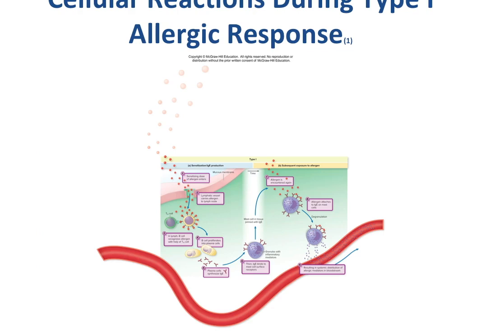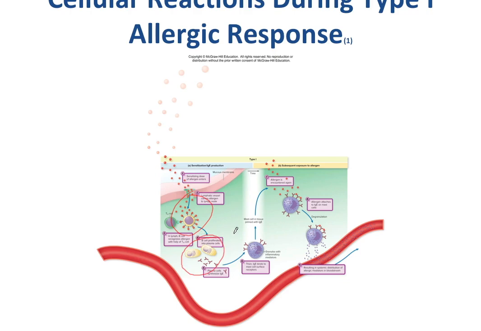In this diagram, we can see that once the B cell is activated, it will accept the antigen from the T helper cells, and then the B cell can differentiate into plasma cells.